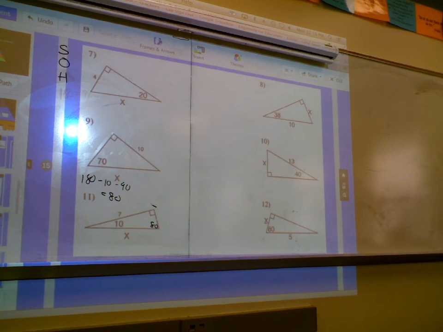Use the 80. Okay. For the other two, like cosine and tangent, you could do both, nice.